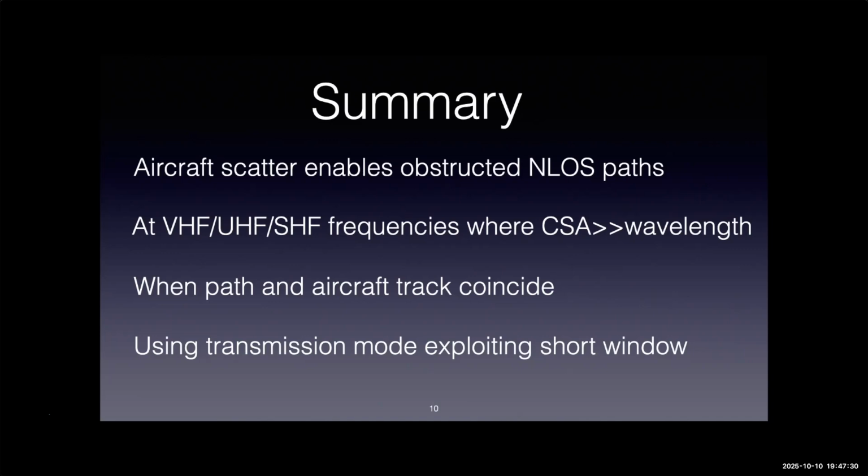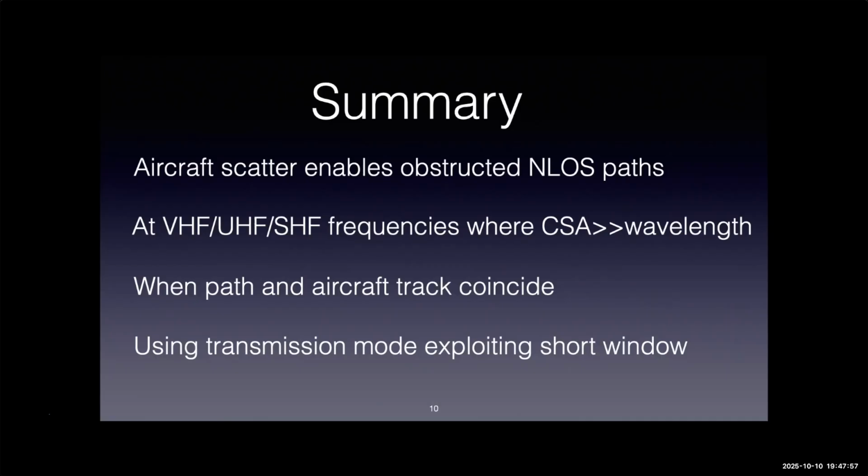And the important thing, and this will come out again later on, is we have to use a transmission mode which exploits the short window. How long was that window that it came up to S4? 3, 4, 5, 6, what, 8 seconds at the most, maybe? It came up for that, for the duration of time when the path and aircraft track coincided.